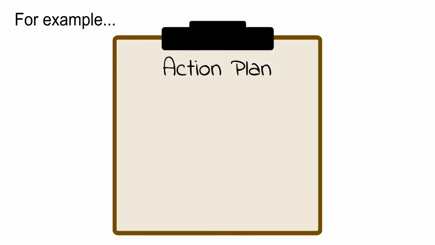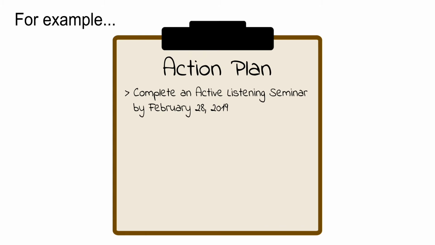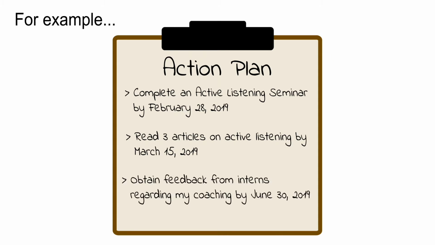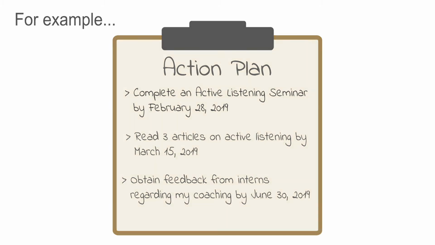Once your goal is revised, you then develop an action plan to achieve the goal. For example, an action plan for this goal could be listed as follows. Complete an active listening seminar by February 28th, 2019. Read 3 articles on active listening by March 15th. Obtain feedback from interns regarding my coaching by June 30th.